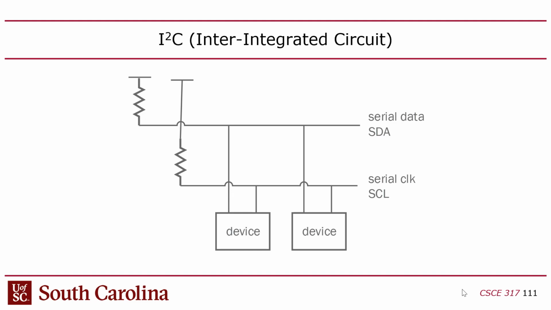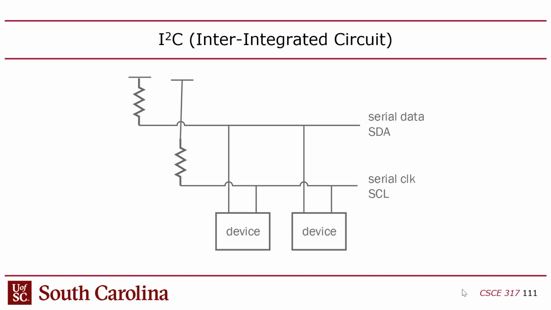Okay, so it's a little bit simpler compared to SPI because it has only 2 wires. It has SDA and SCL. That stands for serial data and serial clock. Sometimes data sheets use different names for those, but essentially there's a data and a clock. In this class, I call them SDA and SCL, but you may see different names used there.